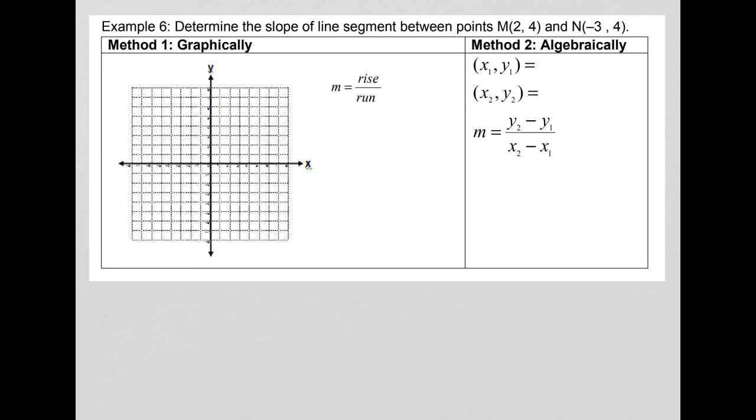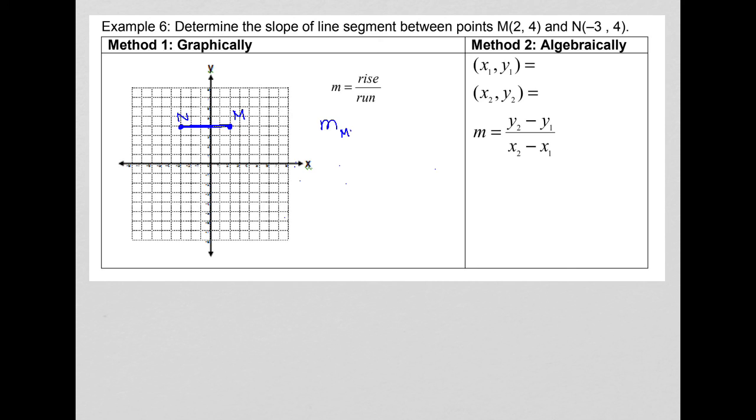This is also another special one. So let's take a look. Point M, 2 and 4. There's another point N, negative 3 and 4. M and N, and we draw a line segment. This time, you still cannot make a triangle because there are no other triangles to make. So let's look at this.